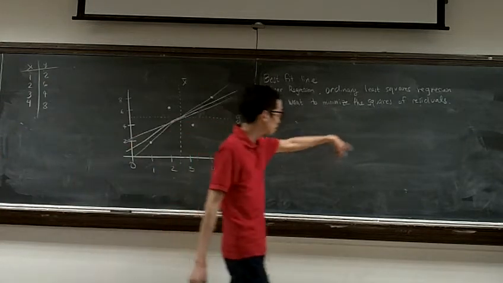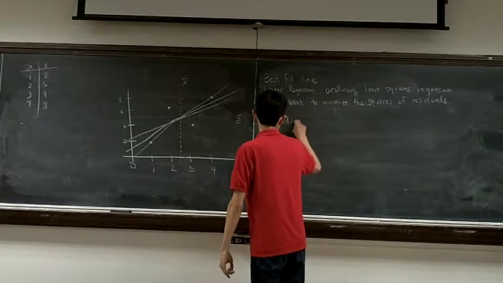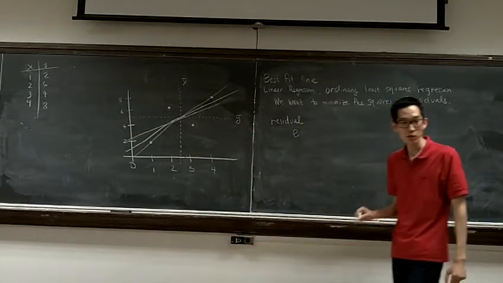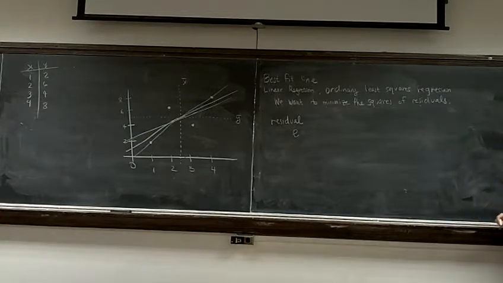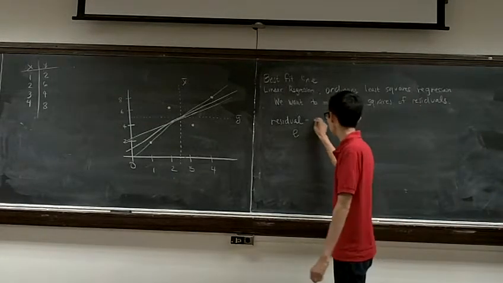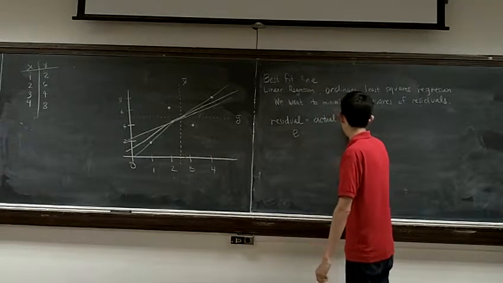Okay. So let me talk about a residual first. The residual, also called E, we saw this in ANOVA. The residual is the difference between what our model predicts and the actual data point. Okay, it's the difference between the actual minus what's predicted.